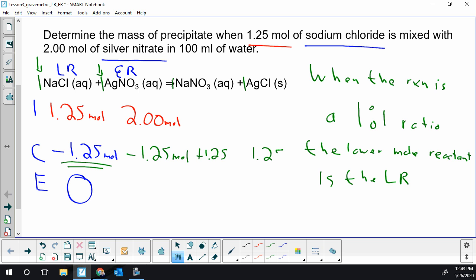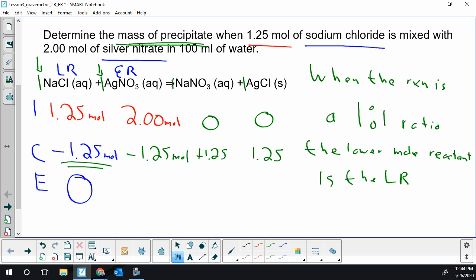I have left the moles units out of my products because I'm running out of room to line things up. Both products would start at 0. Then we can take what we start with and add or subtract the change. In this question, we only really cared about the precipitate. What mass of precipitate would we have?